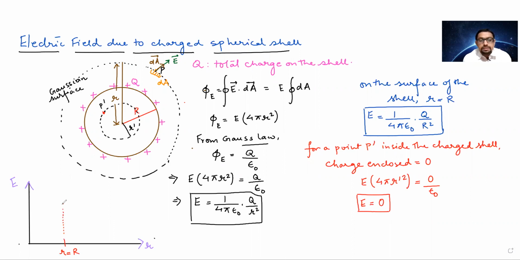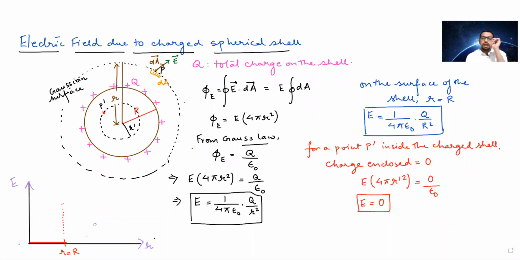Before the radius, that is inside the shell, as we saw, the electric field value is 0.